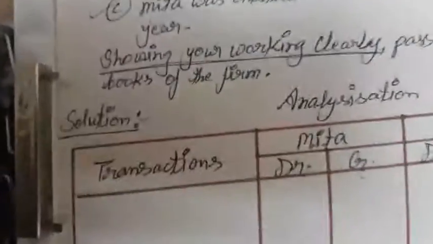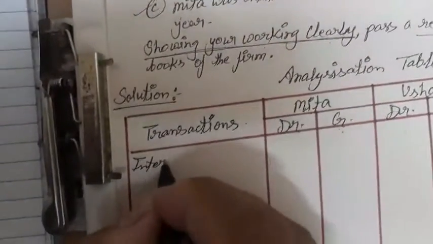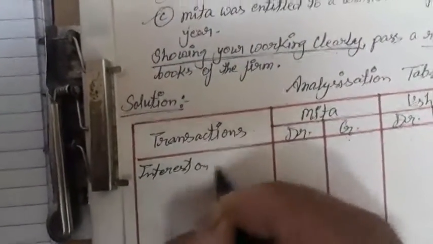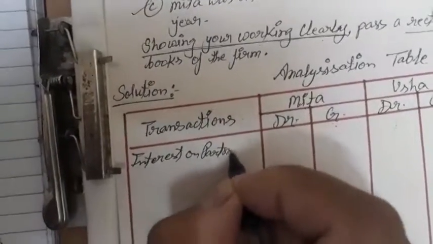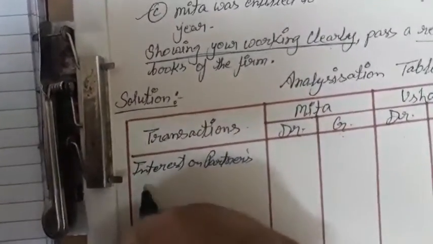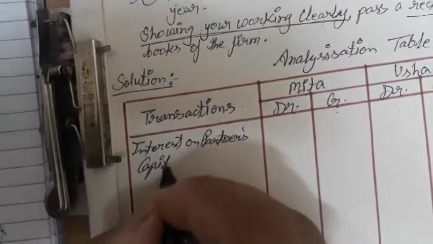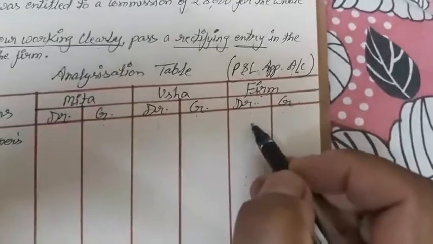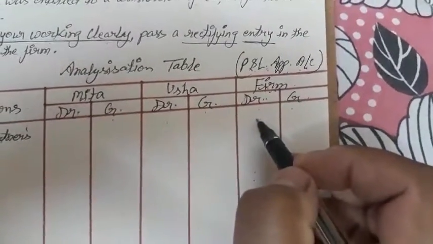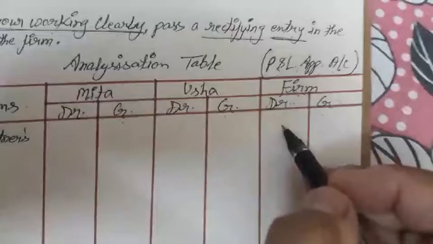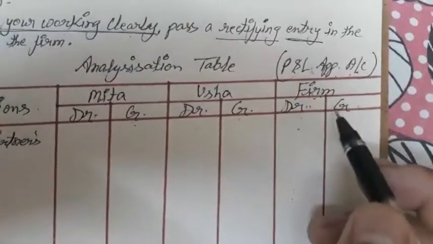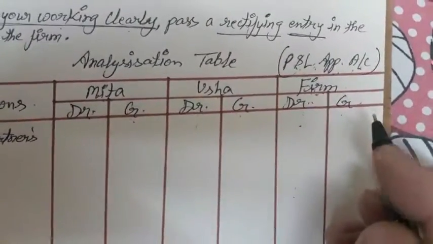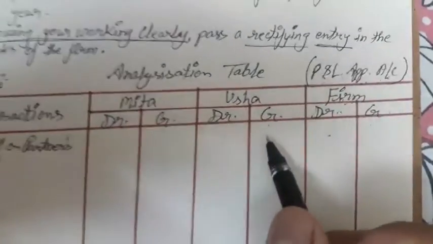And IOC, interest on partners' capital, we write in the profit and loss appropriations account on the debit side. If we write it on the debit side of the firm, then the partners will be credited, because if one account is debited, the other will be credited.